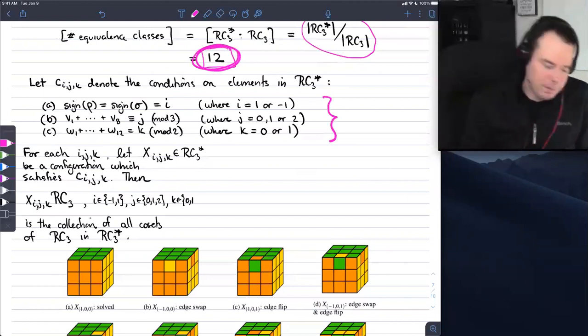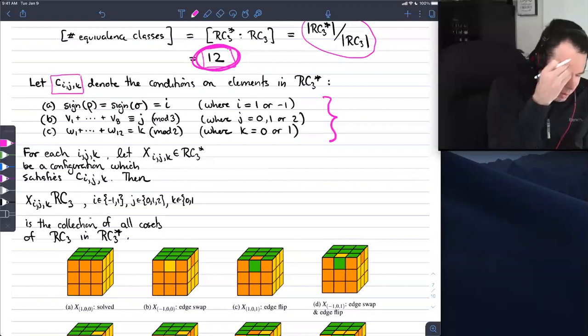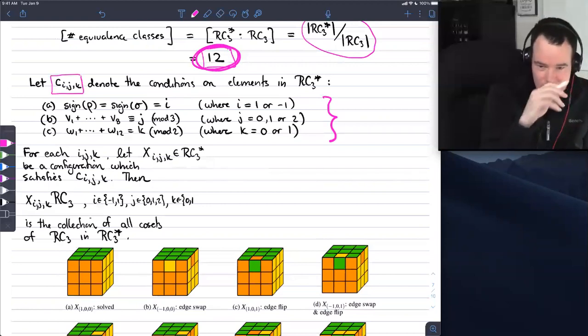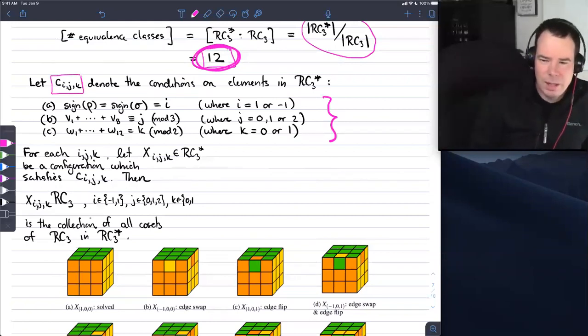I'm going to let this number Cijk denote the condition. So C is the letter for condition, and then i, j, k are these values. So condition 110 would mean that the permutations have the same parity, that's 1.